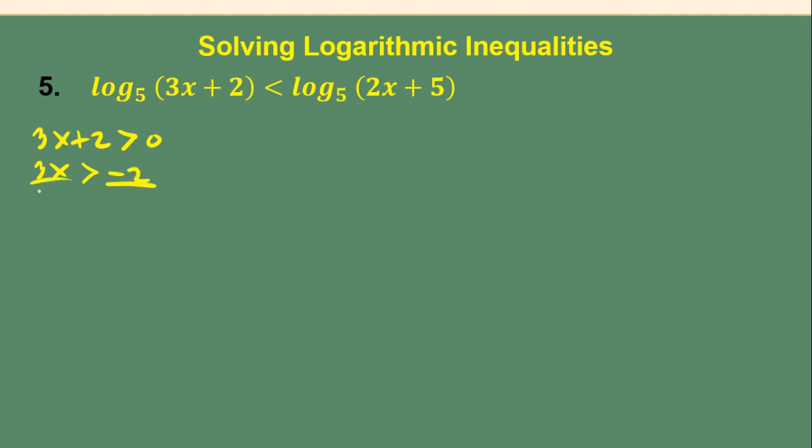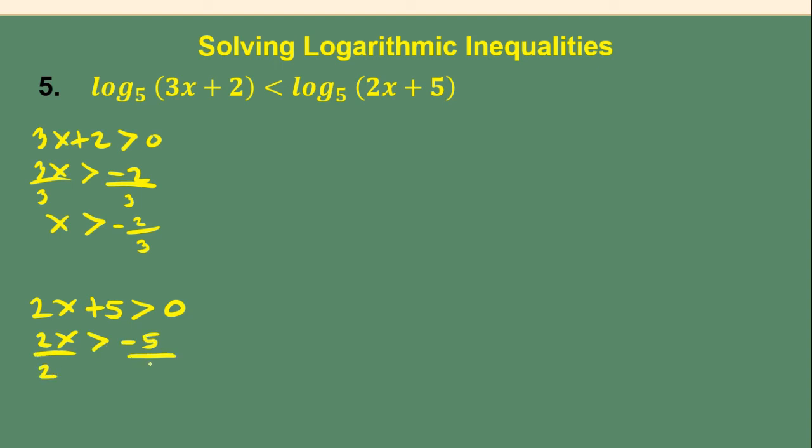Divide both sides by 3. So we have x is greater than negative 2/3. The next, 2x plus 5 must be greater than 0. So 2x is greater than negative 5. Divide both sides by 2. We have x is greater than negative 5 over 2.